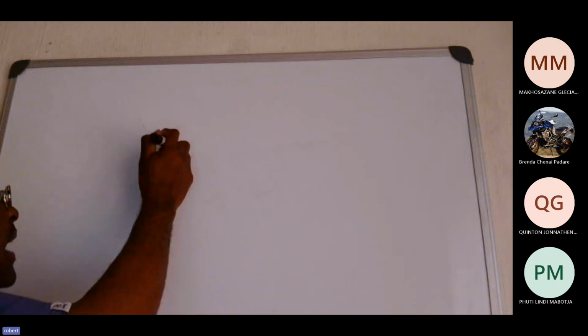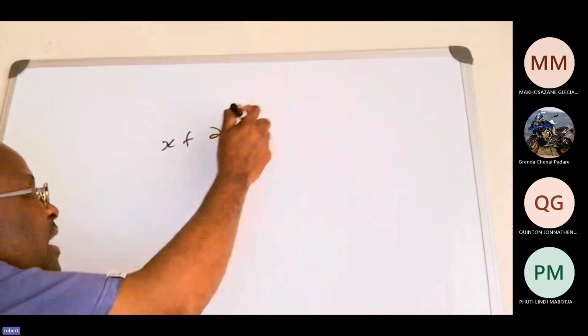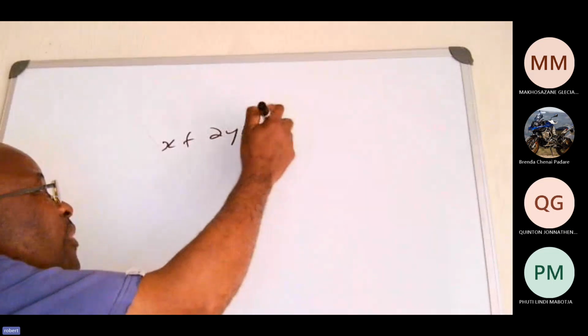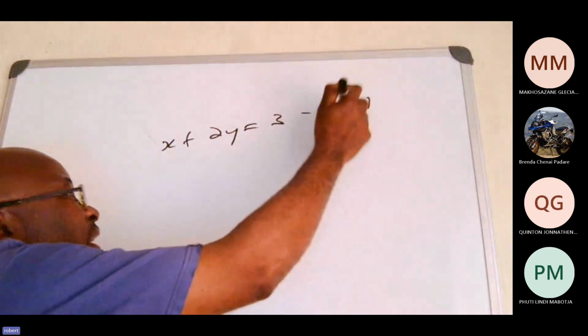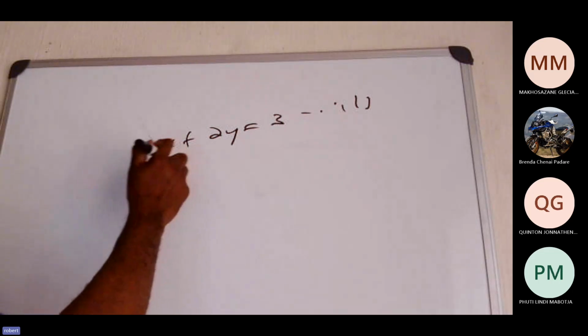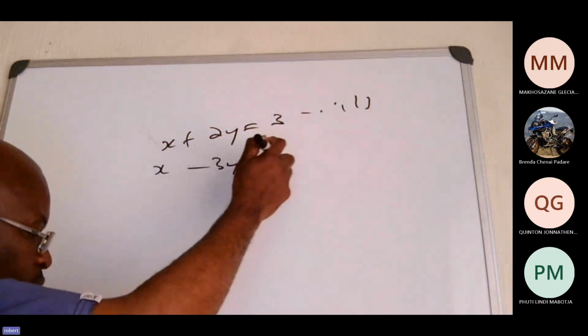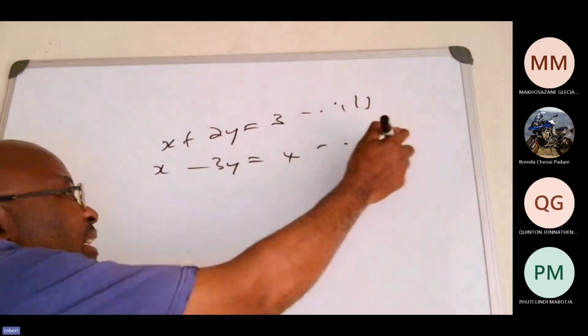Say you have got x plus, let me just write this one, say 2y here equal to 3. Then you call it equation number 1, obviously. Then we have got what? Say x here, then minus 3y equal to 4. Then you call it equation number 2.